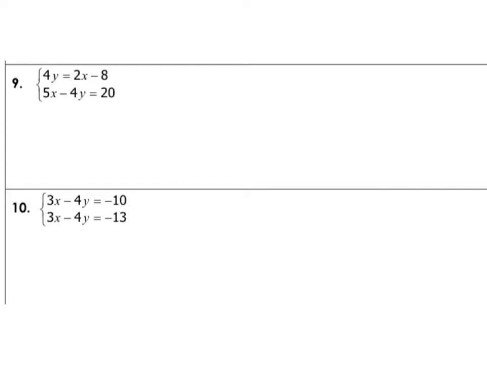That was step 1. All the other problems before 8 were lined up, so we didn't have to do that. This one, we need to get them all lined up. So that means we need to move this 2x to both sides. Subtract 2x. So -2x, and then we have plus 4y equals -8. And then I'm going to rewrite the second equation because it already has the x and y on the left side.